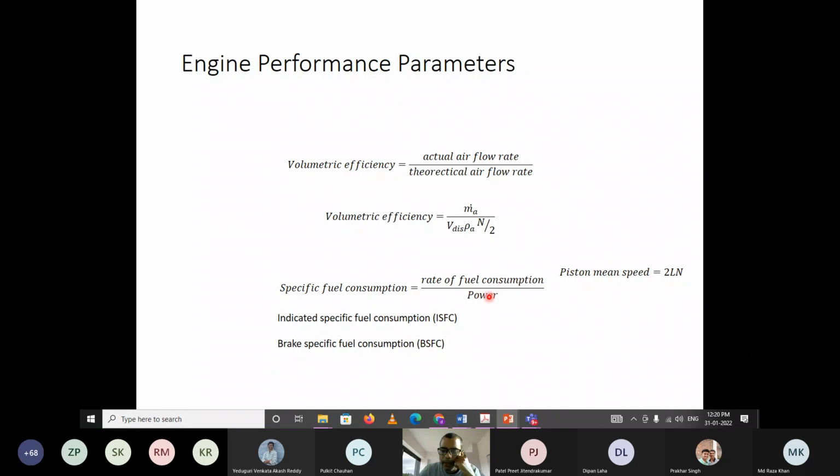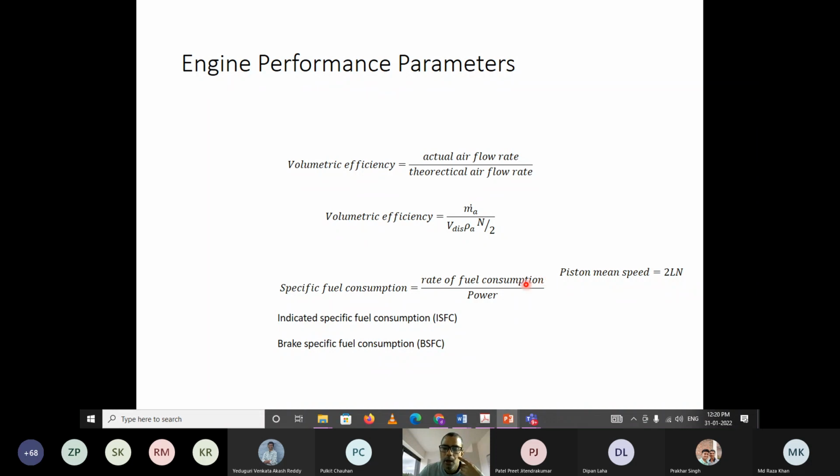Depending upon which power you are taking, if you are taking the indicated power, then it is ISFC. If you are taking the brake power, then it is BSFC.